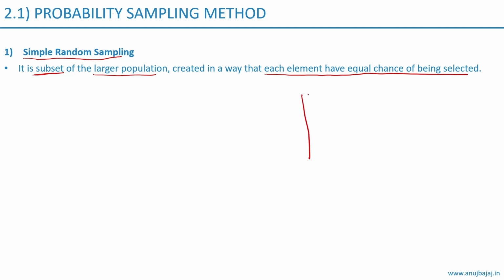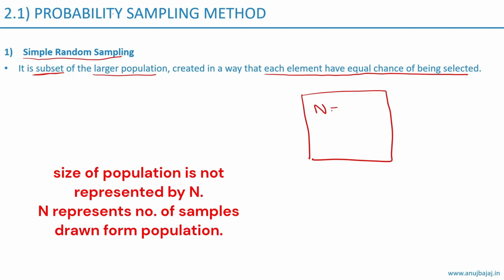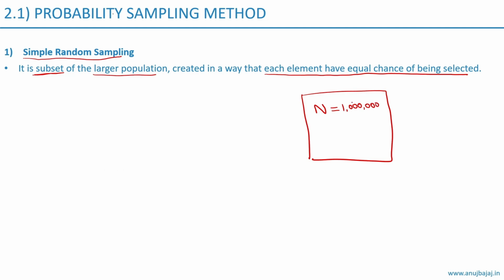Suppose we have a population. Population size is represented by capital N. Suppose the size of the population is 1 million and we require a sample of size 10,000. The sample size is denoted by small n. To create a simple random sample, we randomly pick 10,000 observations from the population data.